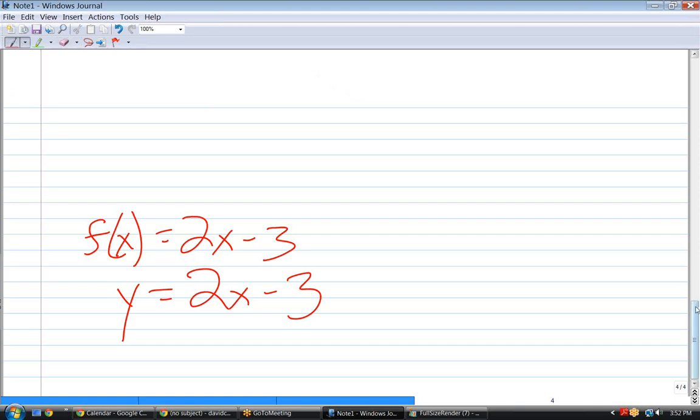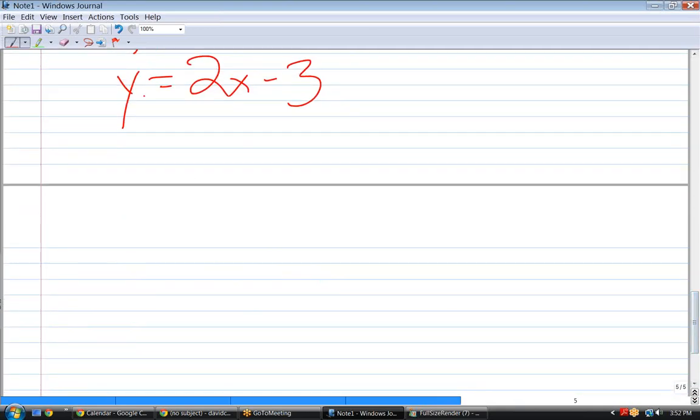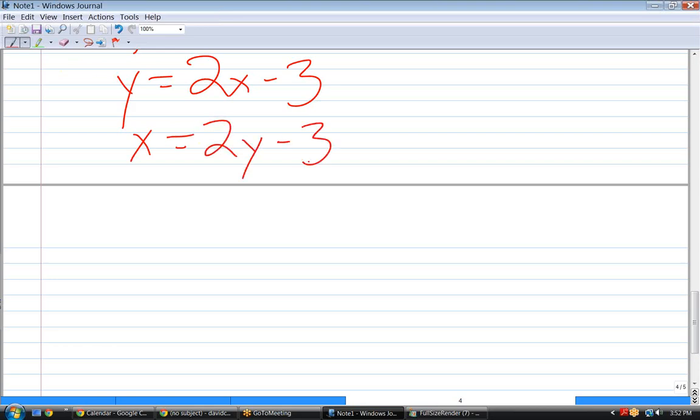There's two things you have to do now. You interchange x and y. Good. That's the first step. And then you solve for y. Exactly. And it's as straightforward as that.